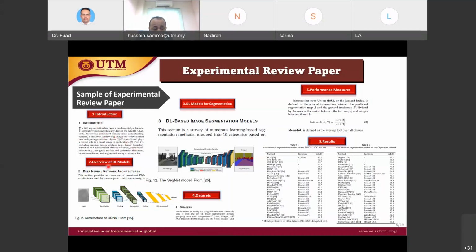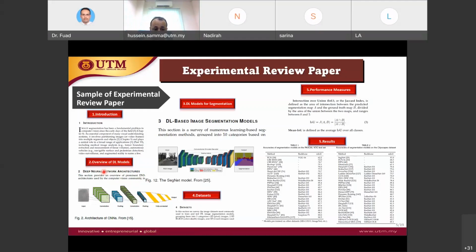After that, in the second section of this experimental paper, you should highlight the architecture. You should overview the architecture of these deep learning models already published in the literature. So here you just give a brief overview about the architecture of these kinds of models.